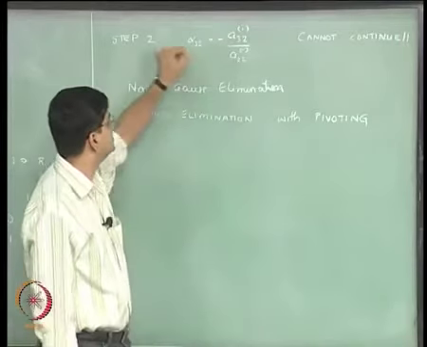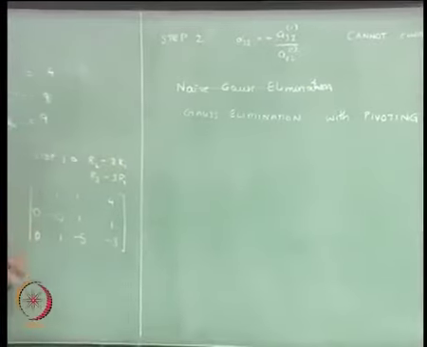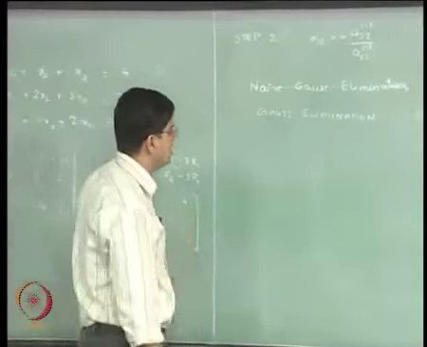So in step 2 the pivot element is A22, in step 1 the pivot element is A11, and so on and so forth.